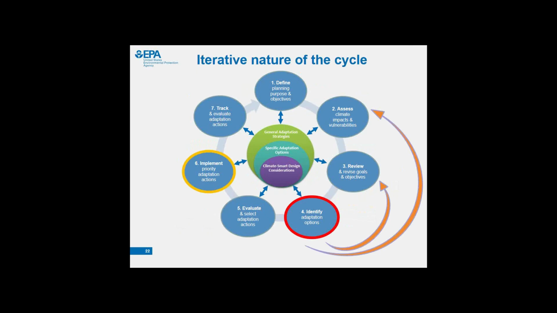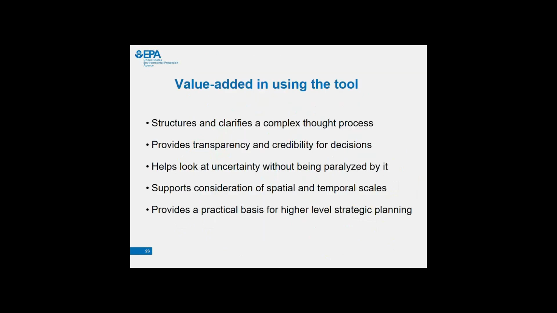Or looking at the climate-smart design of an action might make you realize that it may not even be possible to meet the original objective of that action. In that case, that might send you back to step 3 to review and revise, if necessary, the goals and objectives of your plan. So that's the big picture.